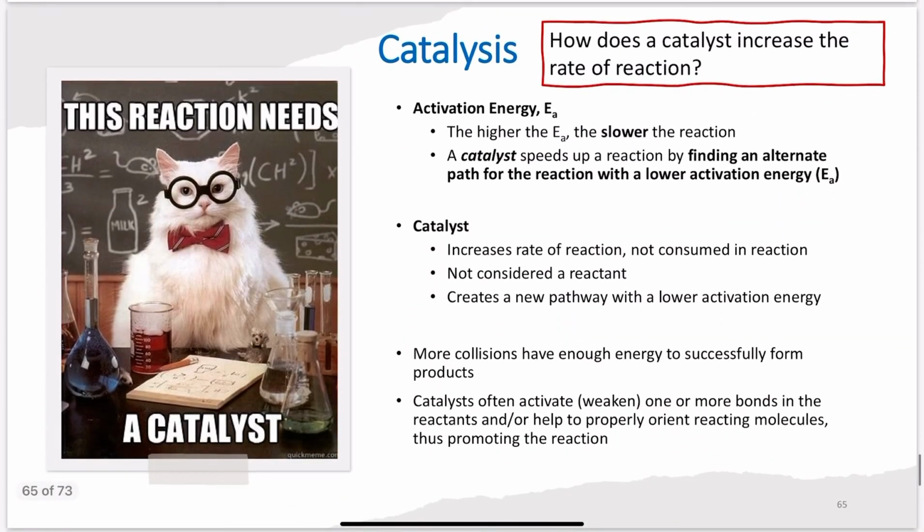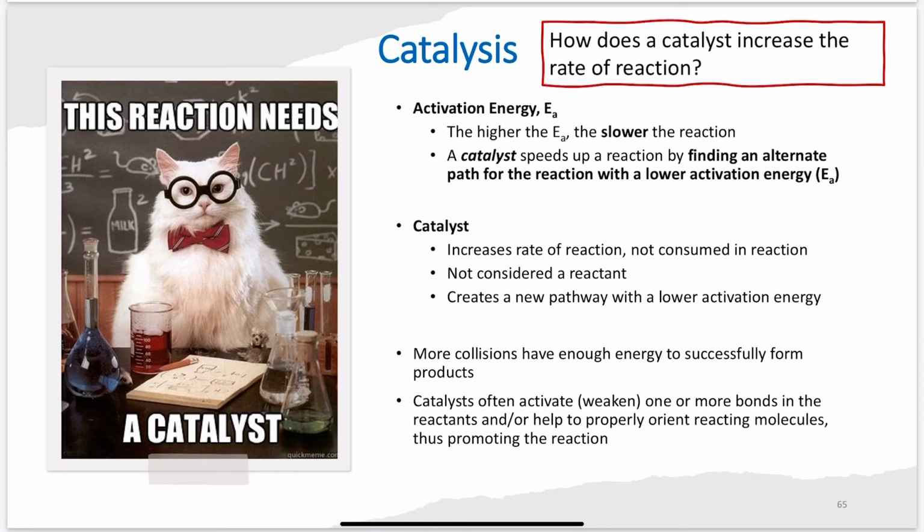How do catalysts come into play? Catalysis. How does a catalyst increase the rate of reaction? Activation energy, E sub A. The higher the activation energy, the slower the reaction is going to occur because it takes more energy to overcome the activation energy required to reach the transition state. A catalyst speeds up a reaction by finding an alternate route or path with a lower activation energy.